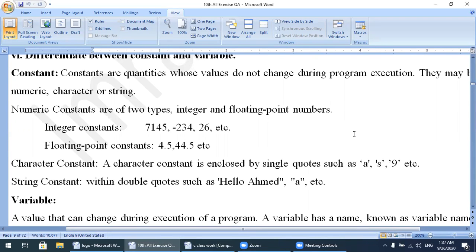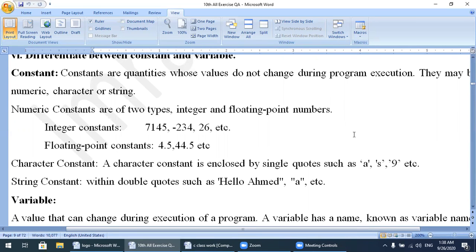Keep in mind one more thing: 4 is an integer, but 4.0 is not an integer. If anyone asks whether 4 is equal to 4.0, in mathematics you can say it is equal, but from the point of view of any computer language, they are not equal values. 4 is an integer constant and 4.0 is a floating point constant.